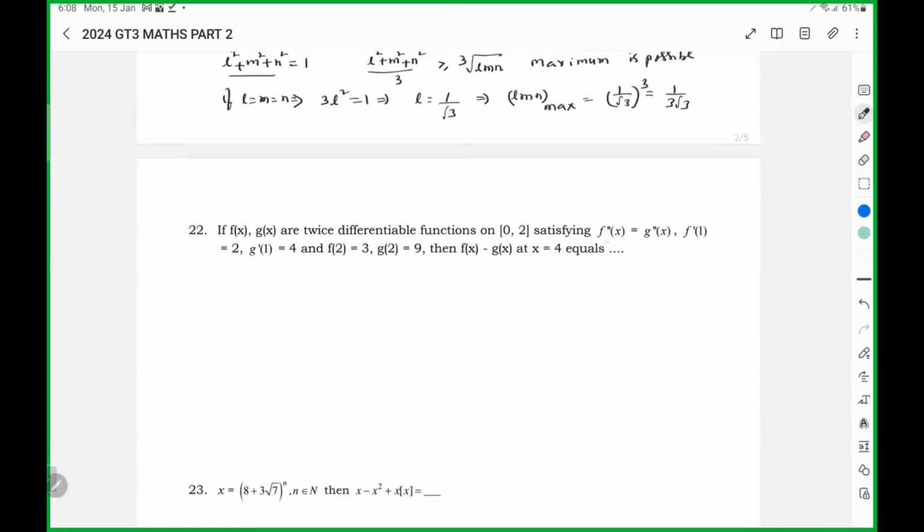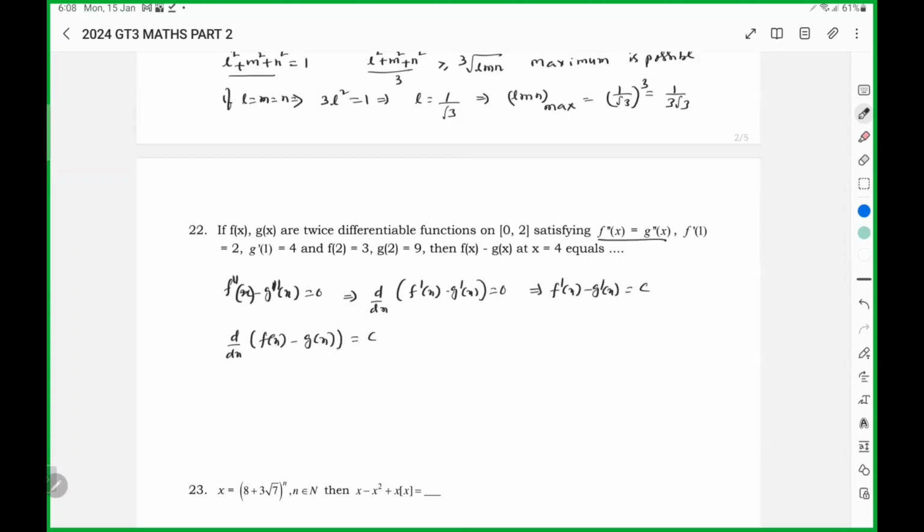f of x, g of x are differentiable functions. f double dash x minus g double dash x is 0. So d by dx of f dash x minus g dash x is 0, which implies f dash x minus g dash x is constant.